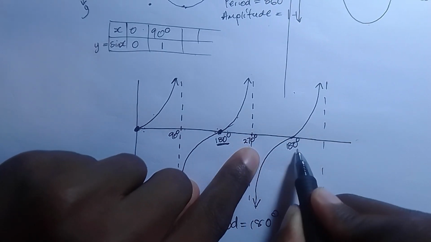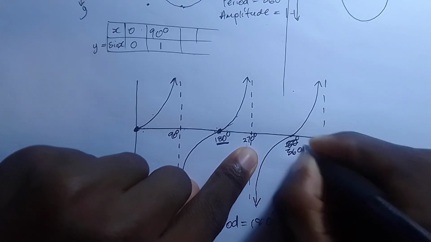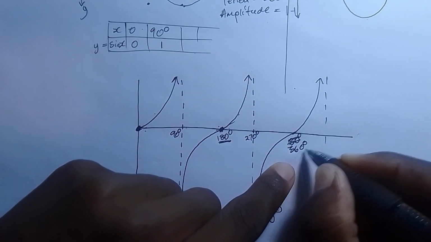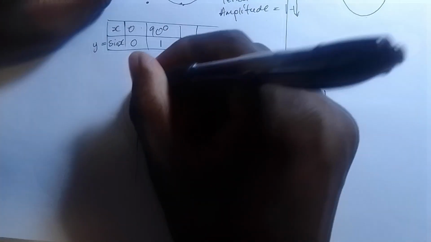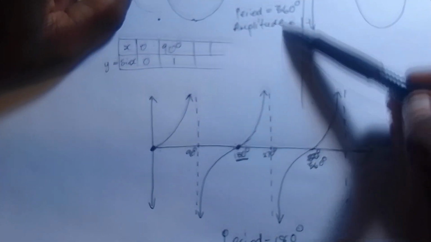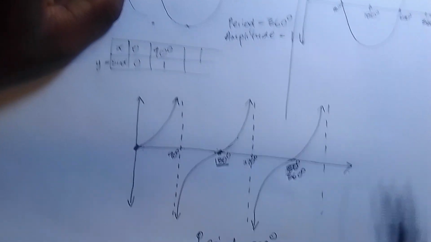And the same thing, sorry, this is not 180, this is 360. I was showing that up. Okay, never mind. It's 360, right? This continues, and another thing, these continue all the way up, but they never touch the asymptotes. They never touch the asymptotes.